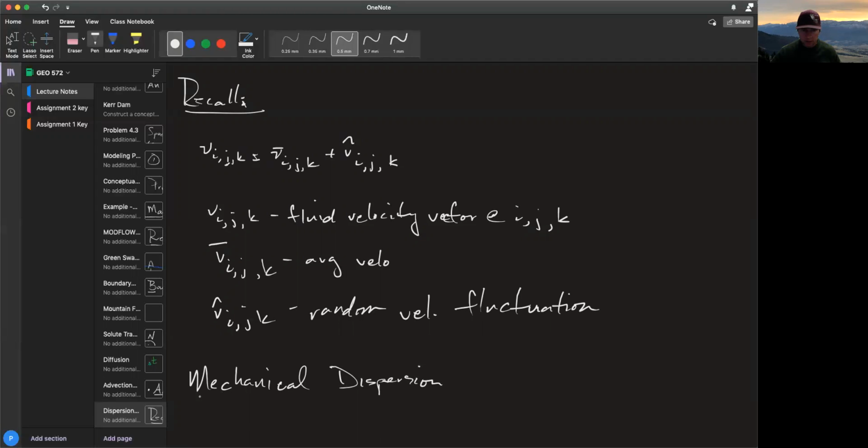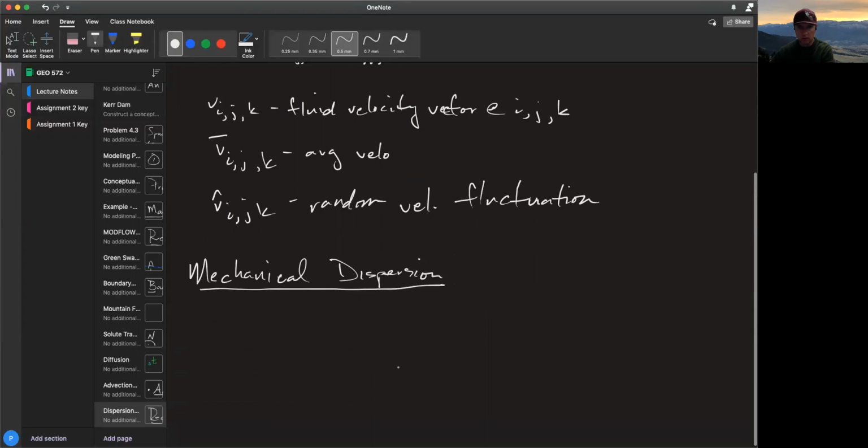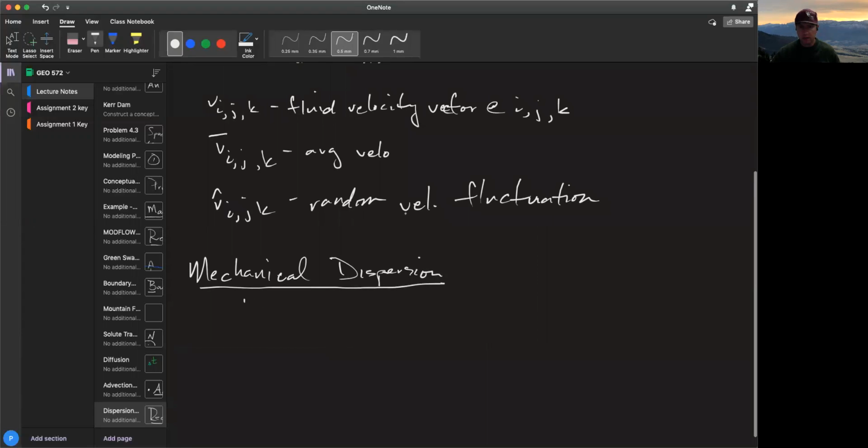And mechanical dispersion was this mixing due to random velocity that we don't know. This V hat.